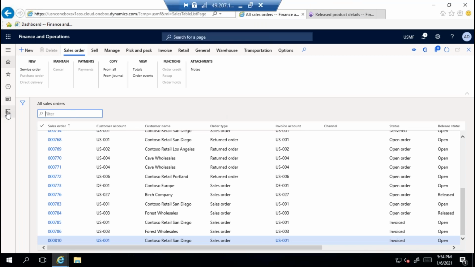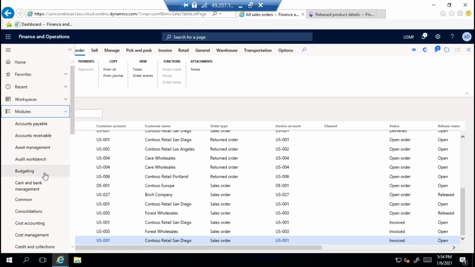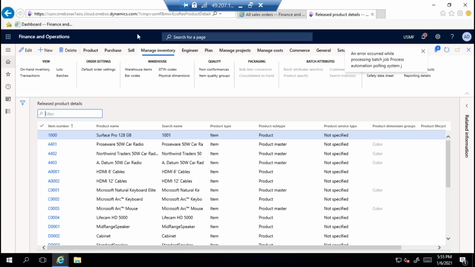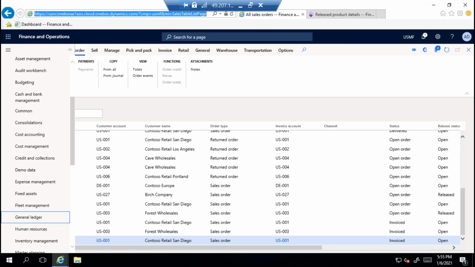Okay, so let us understand where it is available. Chart of accounts, general ledger, I think it is 1 second. Let me refresh. Give me 1 second.